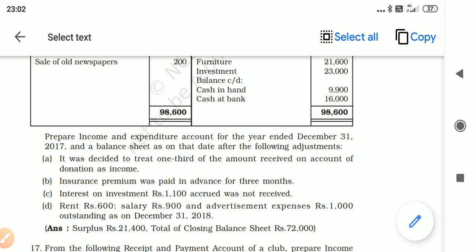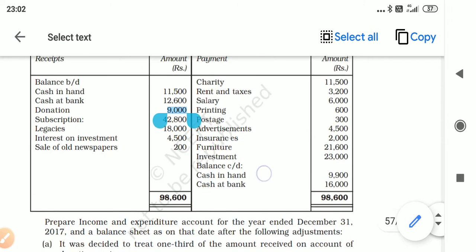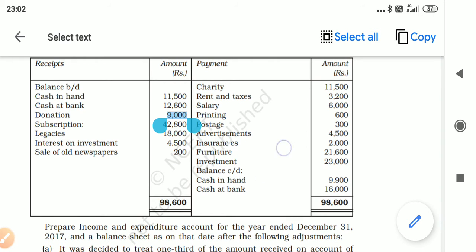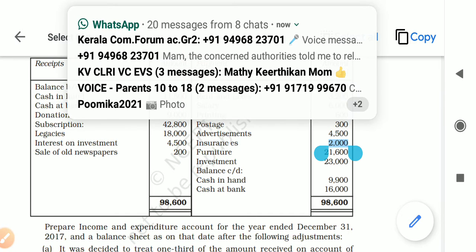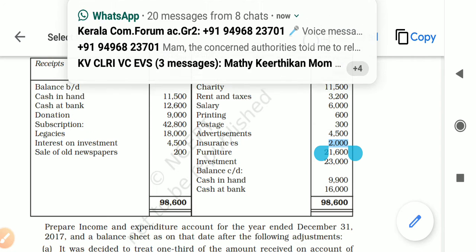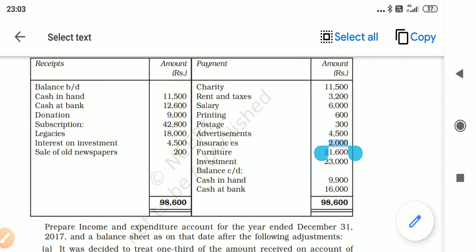Insurance premium was paid in advance for 3 months. So what is the insurance premium paid? Where is it appearing? Insurance, you can see here. So insurance is 2,000. Okay, so this 2,000 was paid in advance for 3 months.